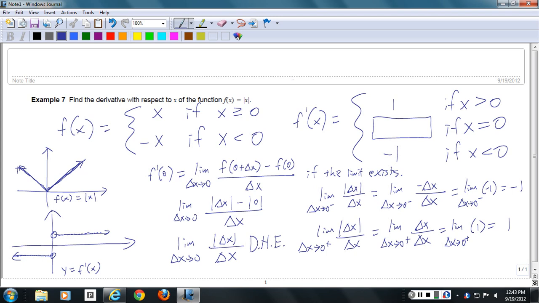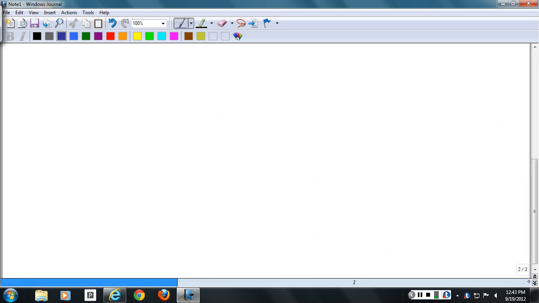And the takeaway from this is that when we're looking at a graph and there's a sharp edge, if we've got a graph that looks like this, and then something like, it doesn't have to be a right angle, but it can be just a corner, something like that.